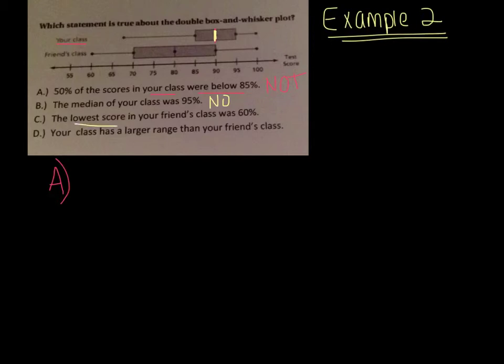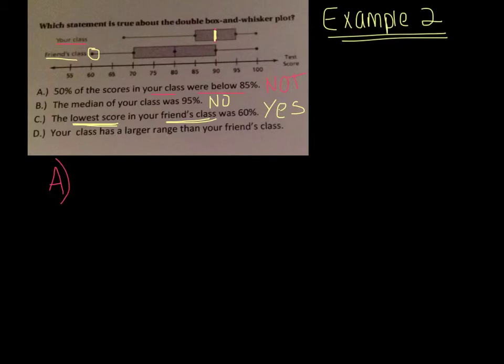I see lowest score and I think to myself, I'm looking for the minimum value or the lower extreme. So I'm going to hunt to my friend's class. Again, make sure we're looking at the right one. And I see, ooh, my minimum is 60%. So this one appears to be true. But it's always a good strategy to keep going and make sure the last one is not true before you make your final answer.